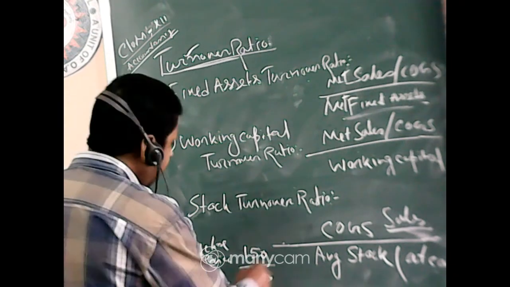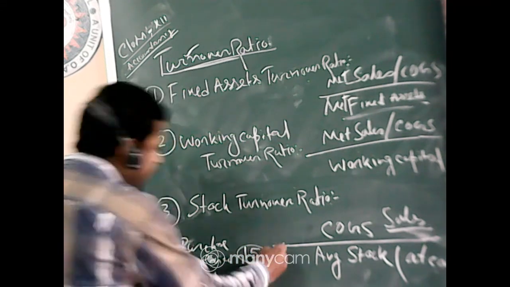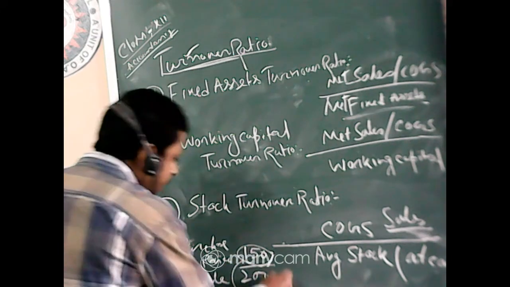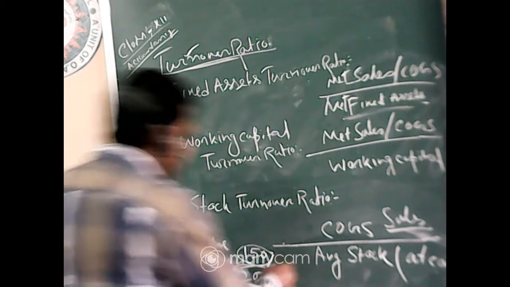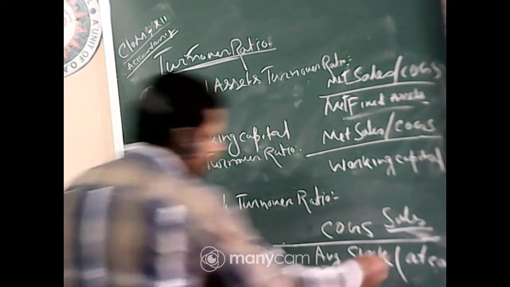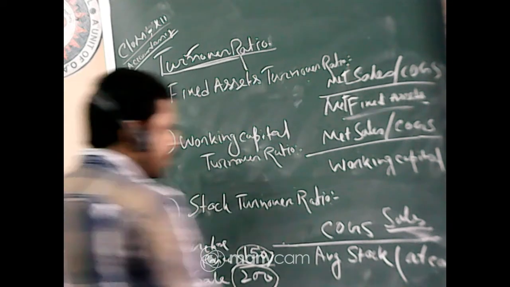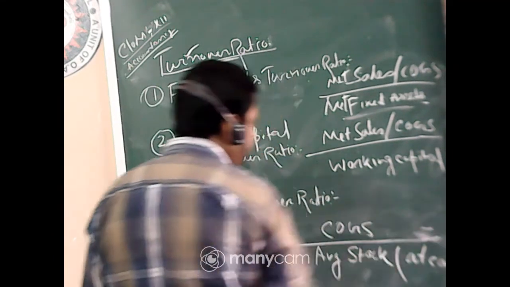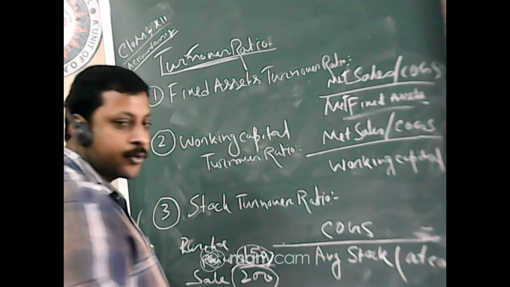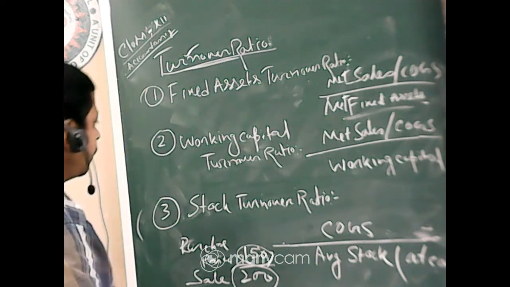So you cannot make any relation of purchase price with sales. Stock we purchase at cost, so you should tally with the cost only, not the sales price. That's why I take the cost of goods sold, not the sales, in case of stock turnover ratio.